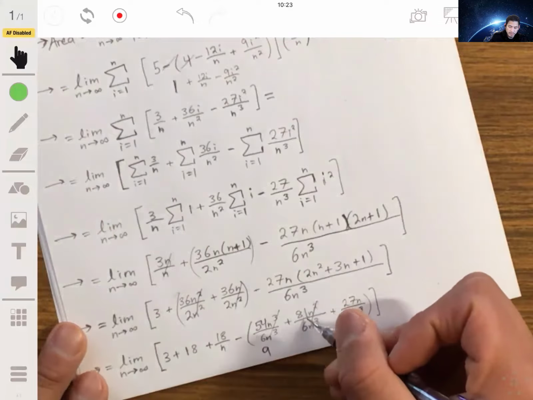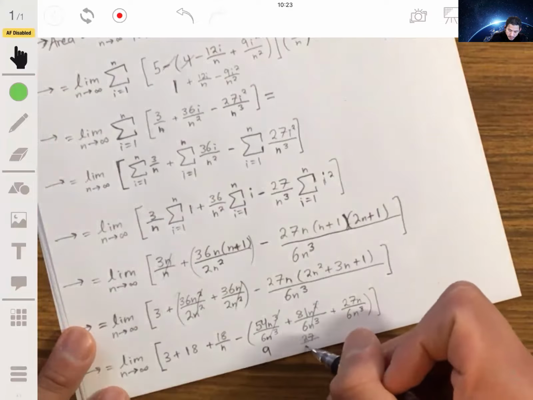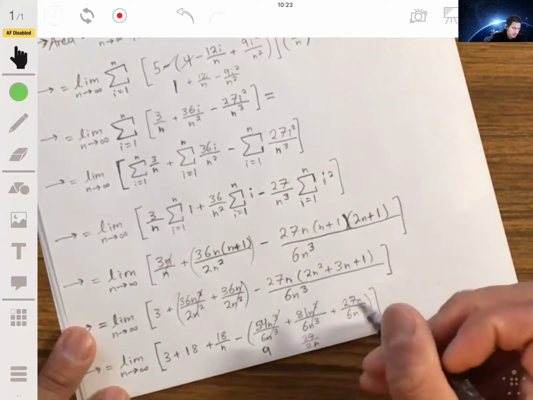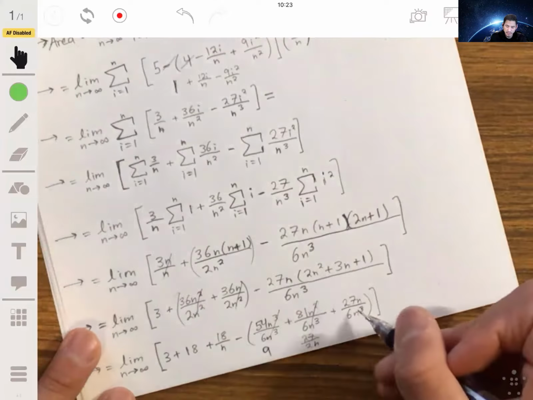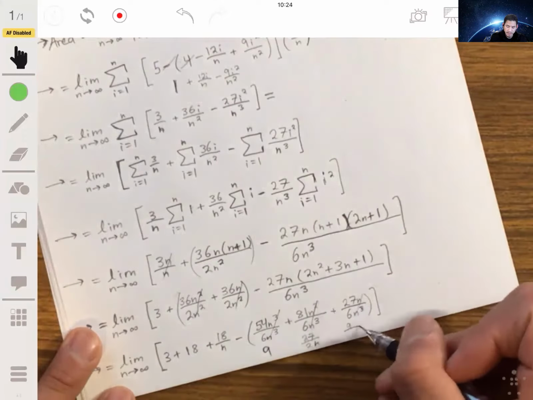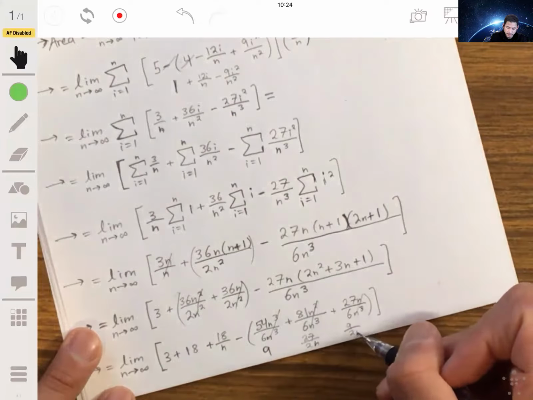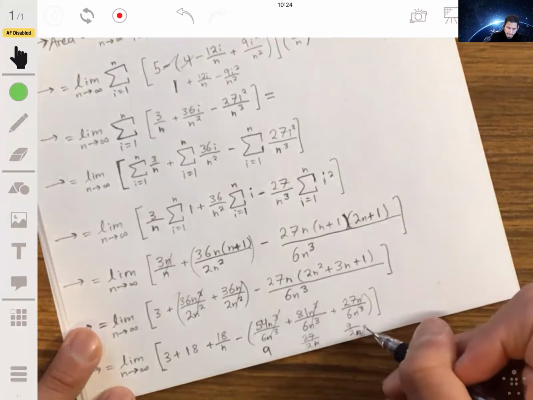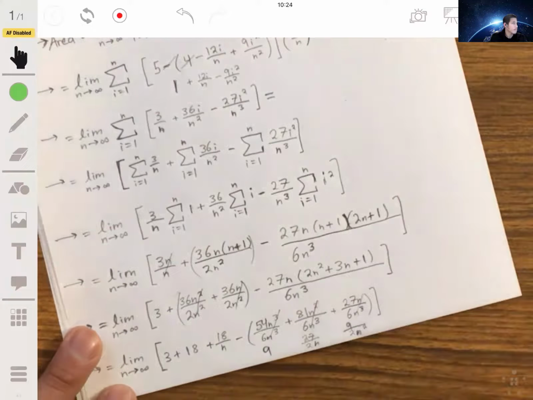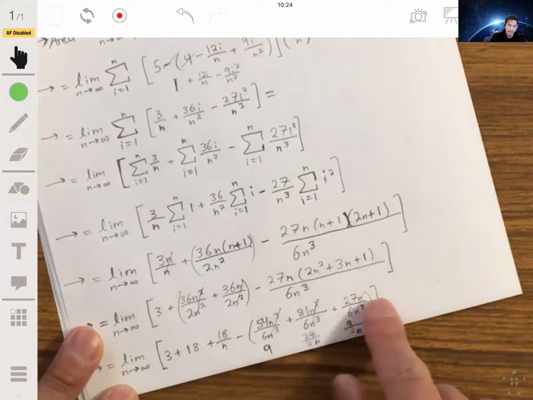They both can be divided by 3, right? 27 over 2n, I believe, if I did my math correct. And this will be a 9. They both can be divided by 3, so 9 over 2n squared.